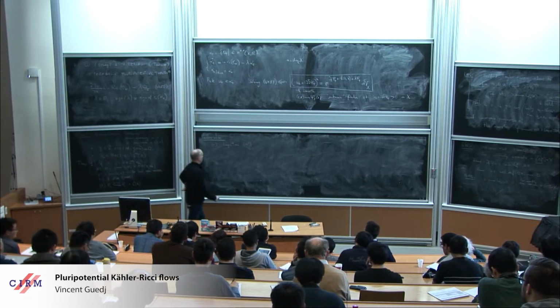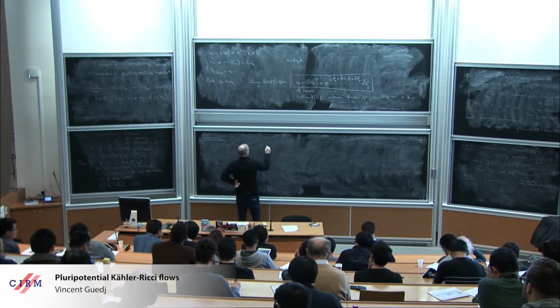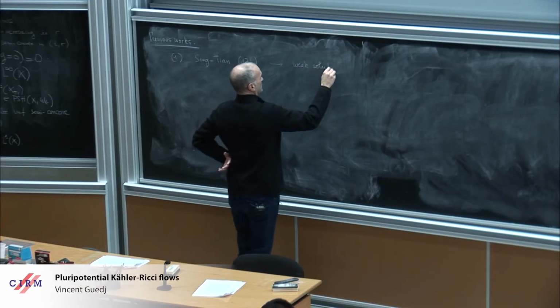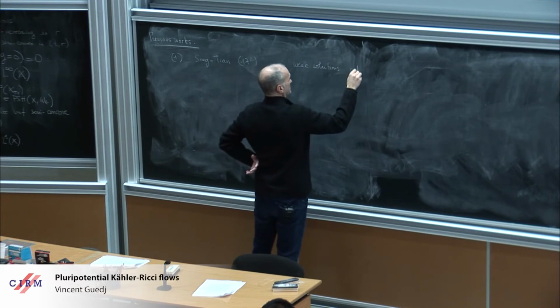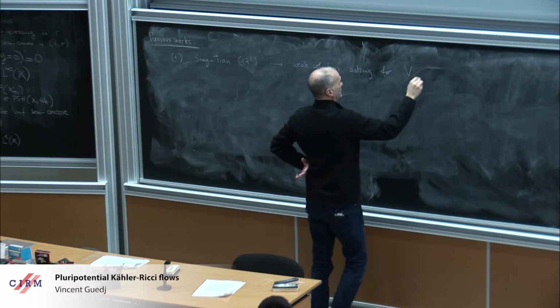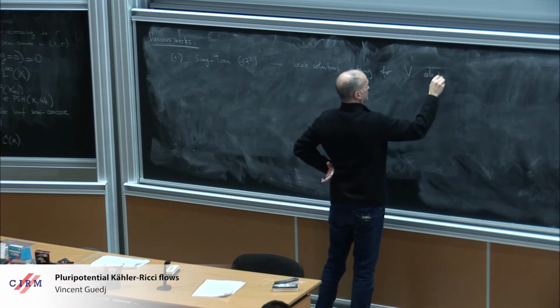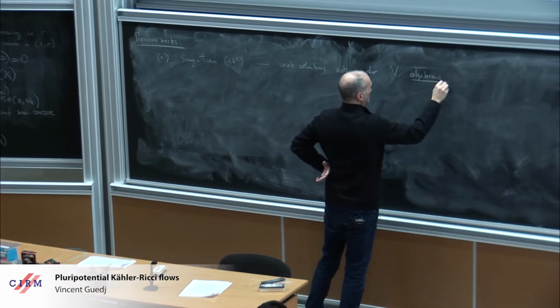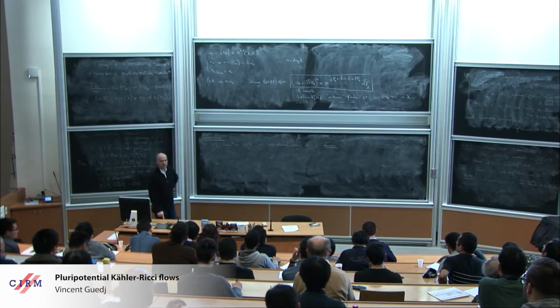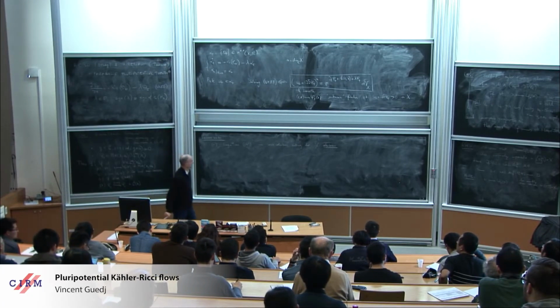They developed weak solutions in similar contexts, but asking for the manifold V to be algebraic. There is a projectivity assumption in the process that is actually unnecessary.